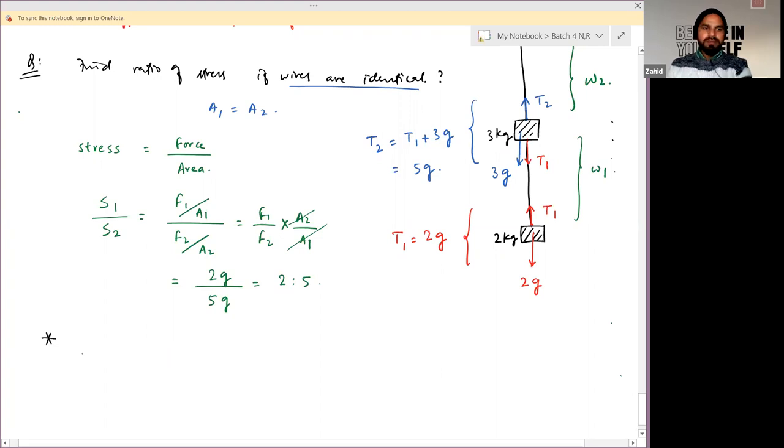Now from this, just remember, for a perfectly rigid body, there will be no deformation in length or in volume. So modulus of elasticity, that is Young's modulus, shear modulus, and bulk modulus, will be equal to infinity.